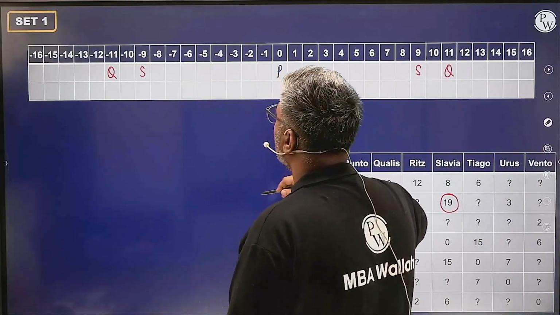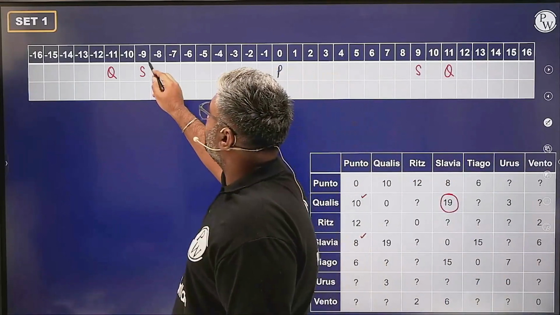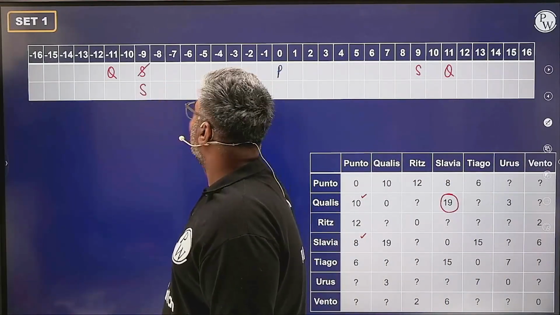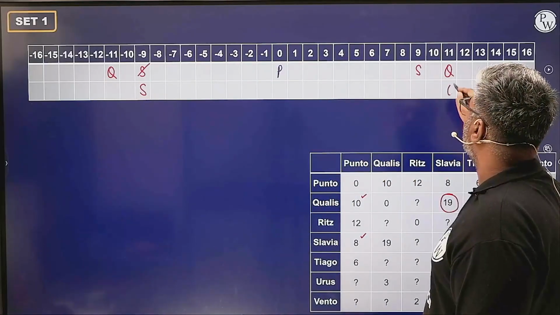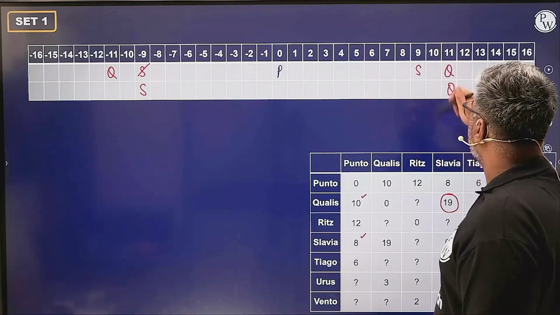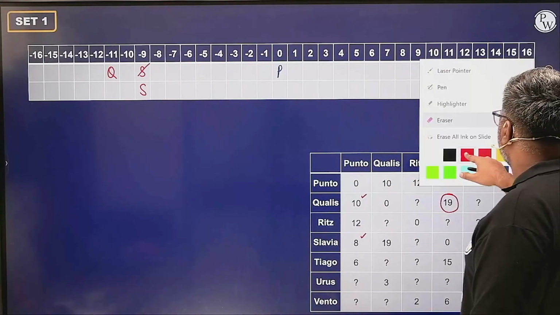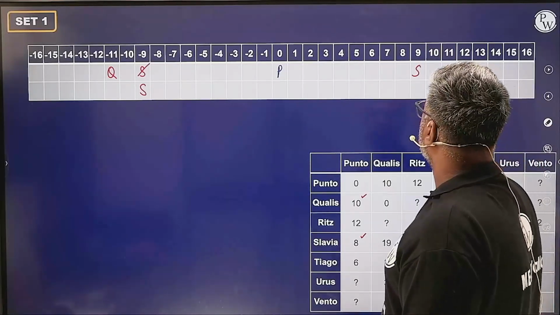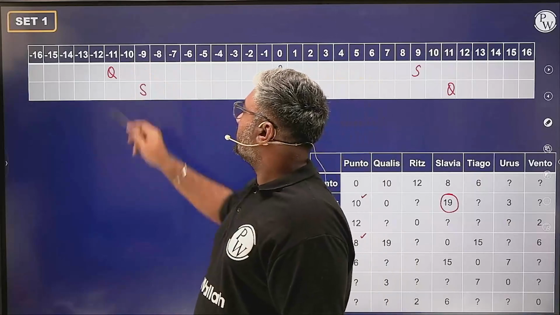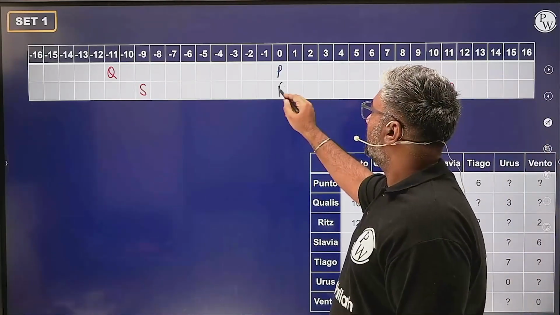If I remove this S, I'll put Slavia to the left of Punto, and Qualis to the right of Punto. We can remove this Qualis because we've placed Qualis here, and we could remove this Slavia here. Punto stays at 0. Makes it easy for us.